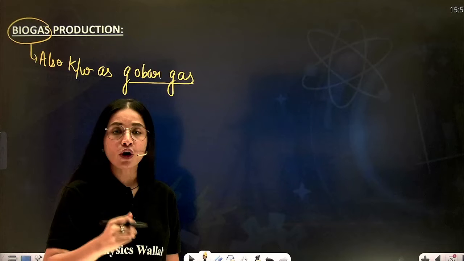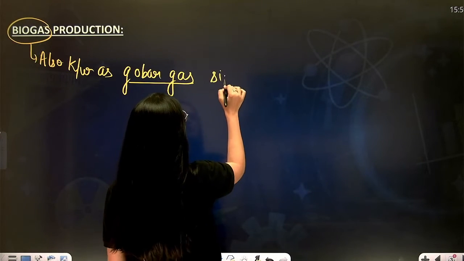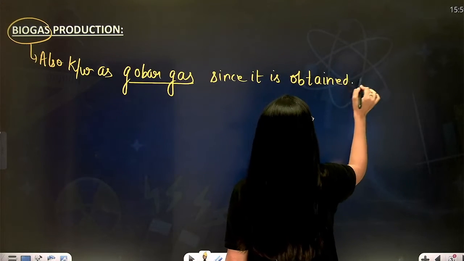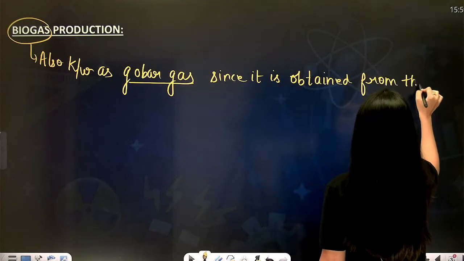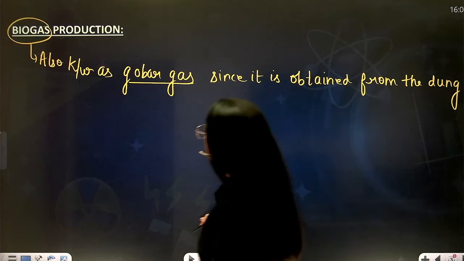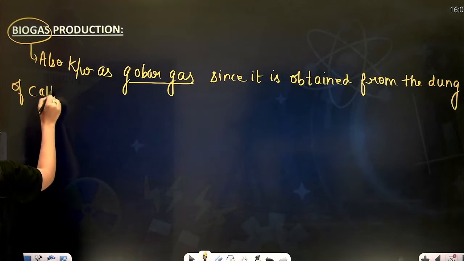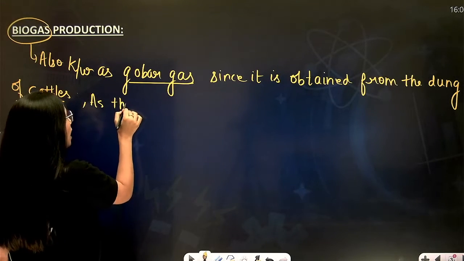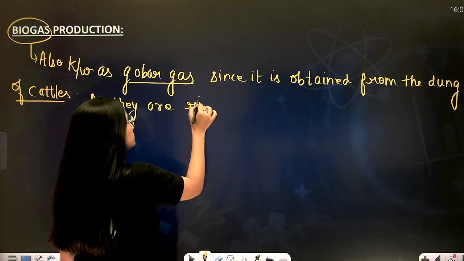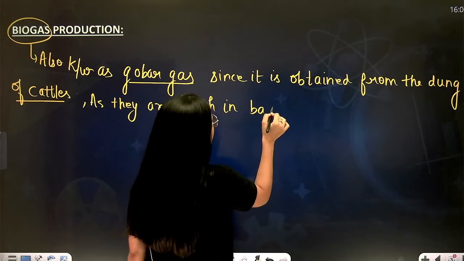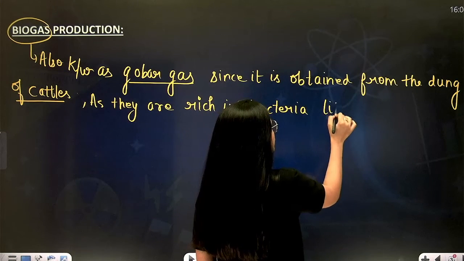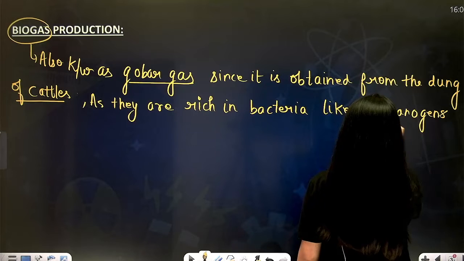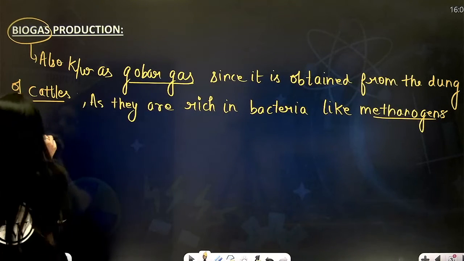Since it is obtained from the dung of cattle, as they are rich in bacteria like methanogens, which perform anaerobic respiration. You have seen in our last class.